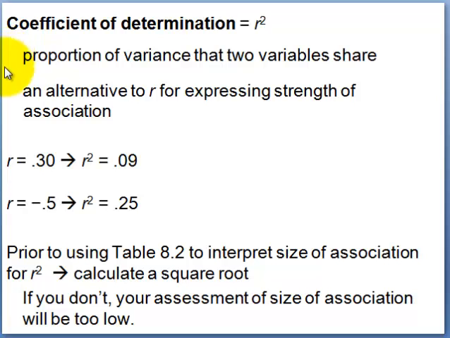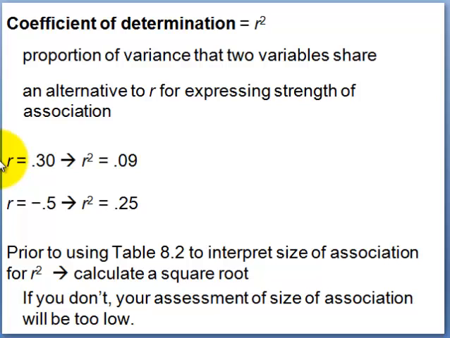So expressing correlation in terms of its squared value is an alternative way to express size or strength of association. Now, what's tricky about this is that in terms of absolute values, except when r is 1 or minus 1, when you square r, you get a smaller value.